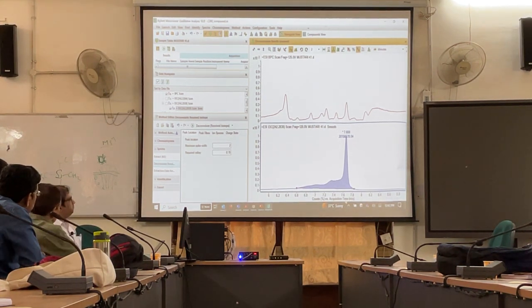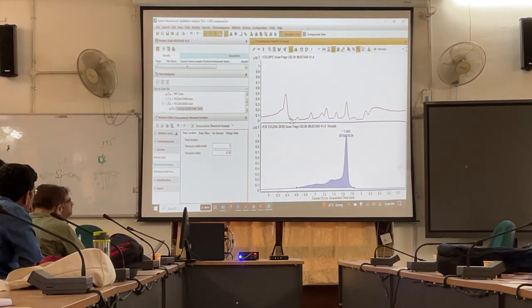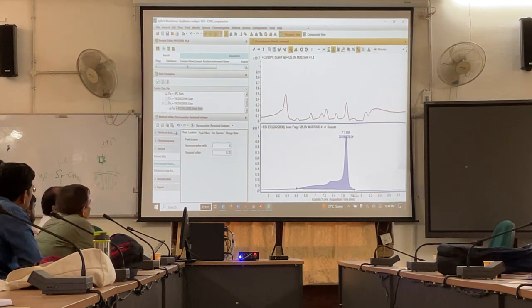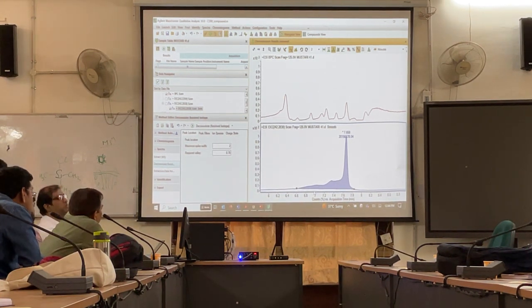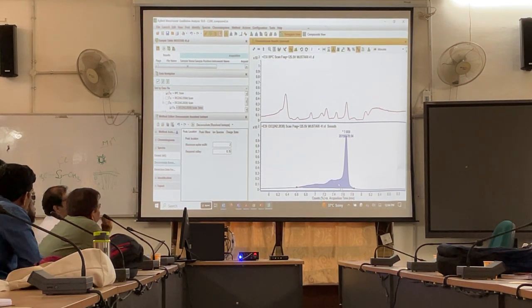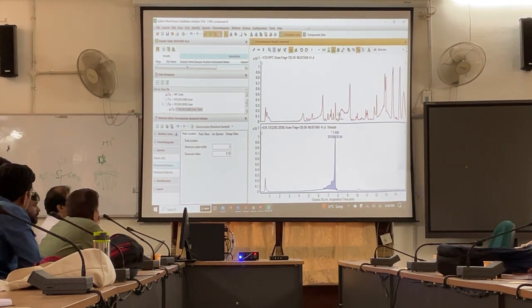This is a peak which is fronting a lot. Ideally the peak should start from somewhere here and end here. It should not be spreading out like this. But this is the trade-off which we give. In mass spec, in HRMS, most of the peaks will be like this because you are not targeting one peak.